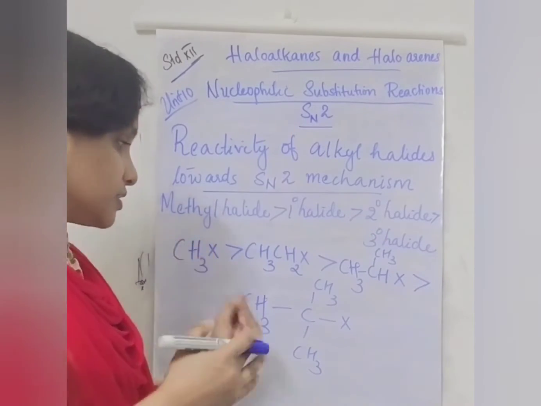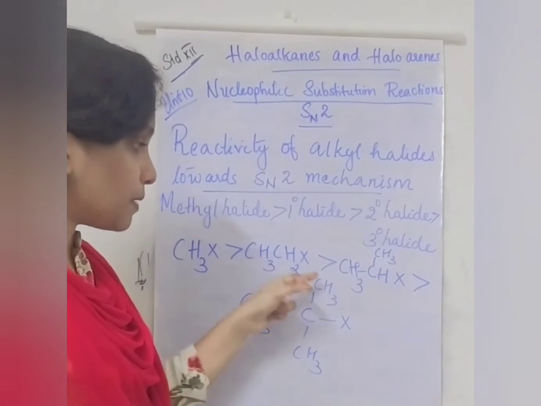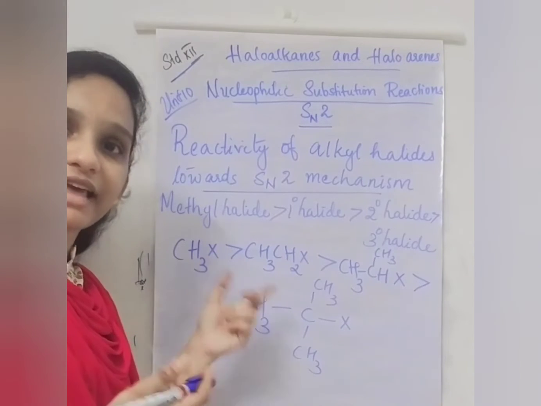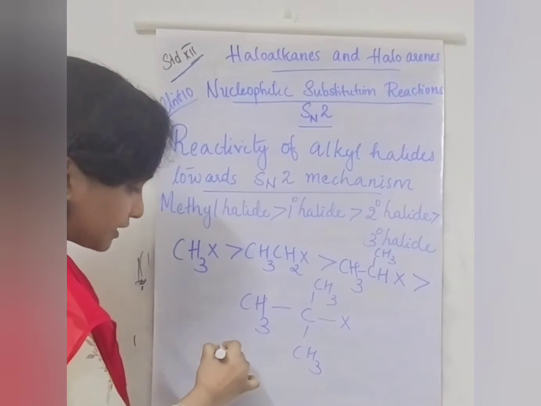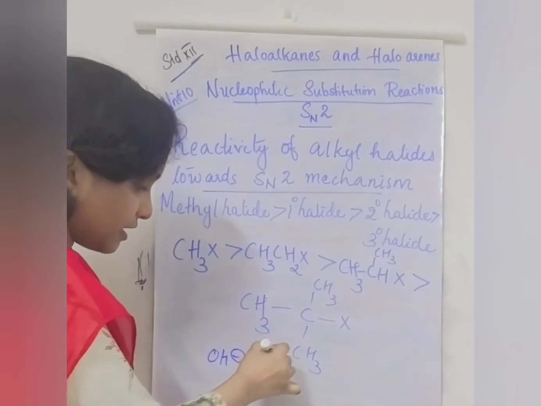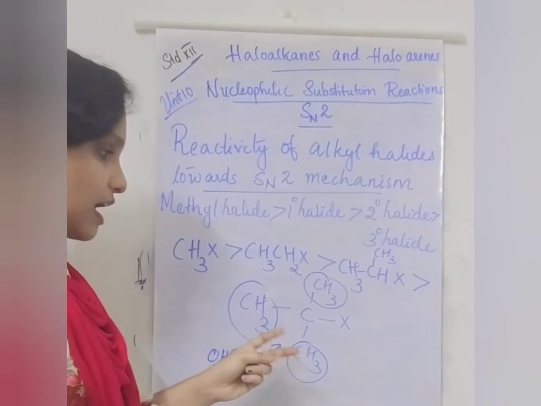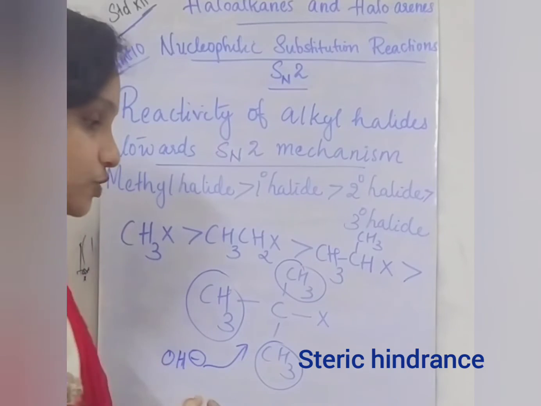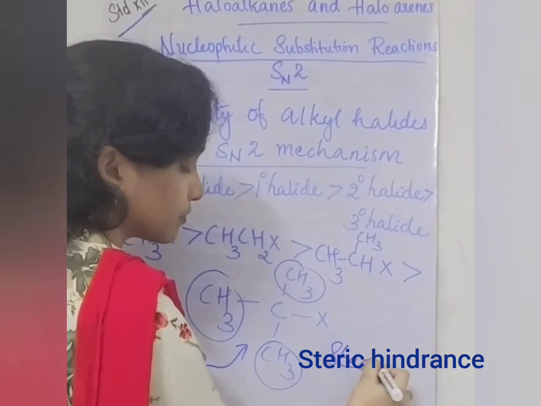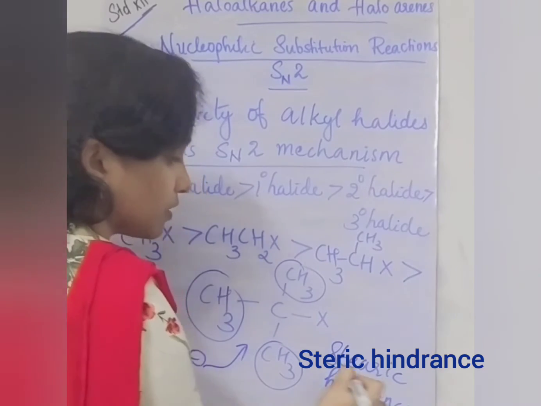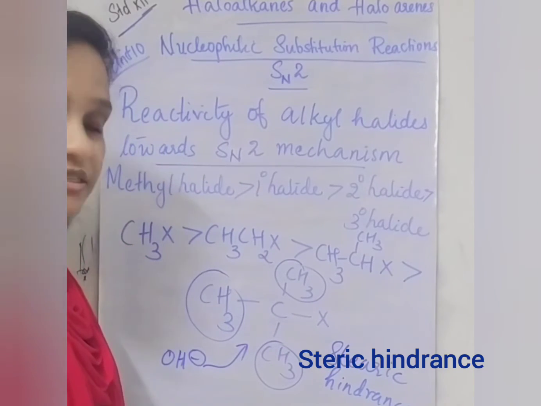Why? This is because of the presence of bulky groups near this carbon atom, which hinders the attack of the nucleophile. When the nucleophile comes to attack this tertiary halide, the presence of these bulky groups hinders the reaction, and this hindrance we call steric hindrance. So because of the steric hindrance, the reaction slows down.